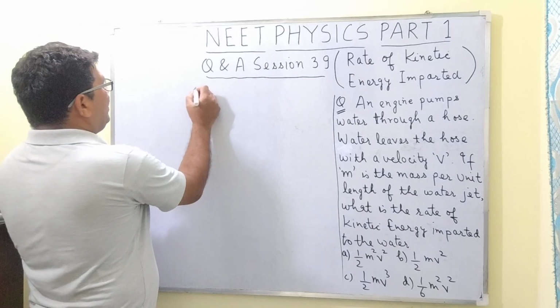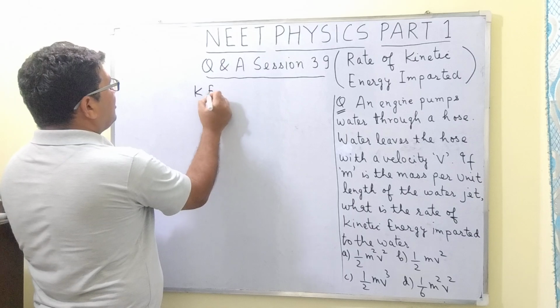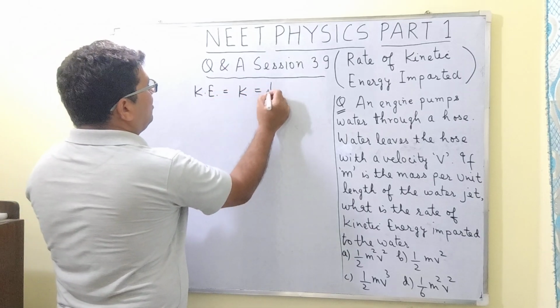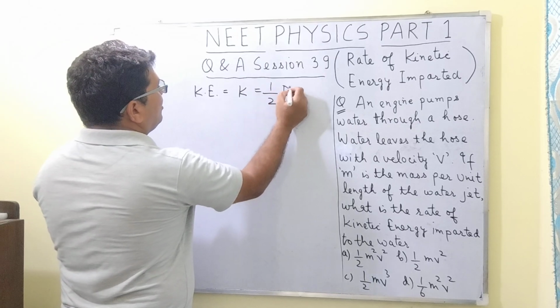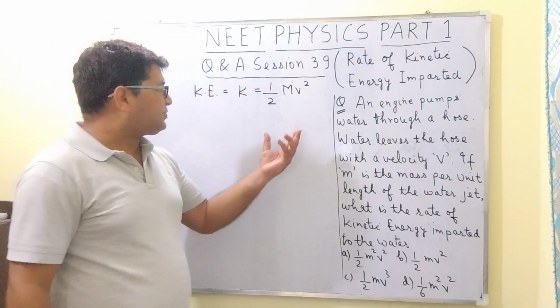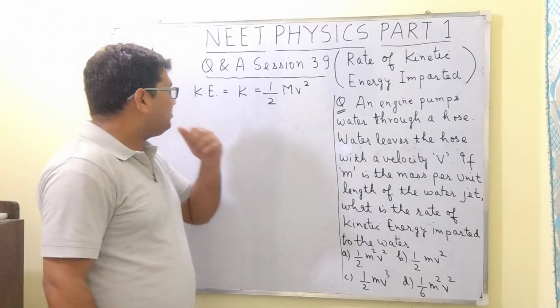So we know that the kinetic energy, say K, is equal to 1 by 2 mv square, where m is the mass of an object and v is the velocity of that object.